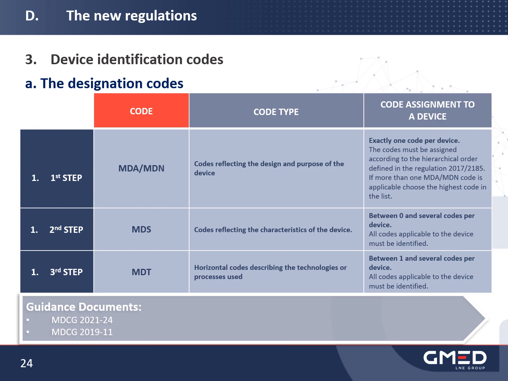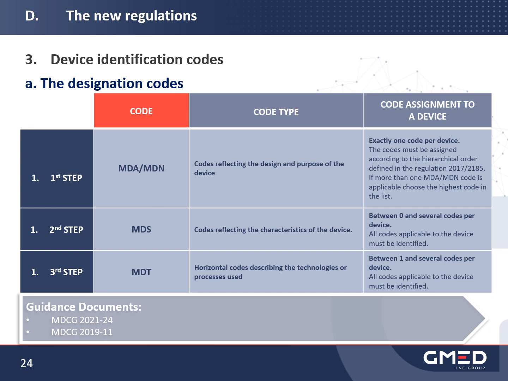It is requested and expected that the selection of the most appropriate code for the device is made following the hierarchical order defined in Regulation 2017/2185. The hierarchical order is defined by the position of the code in the list established within the regulation. Therefore, if more than one MDA or MDN code applies to the device, the applicable code that is highest in the list must be assigned to the device.